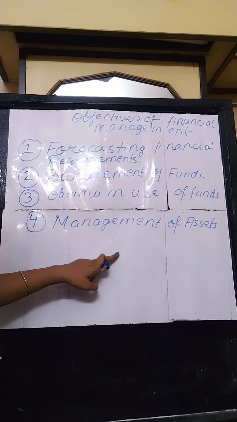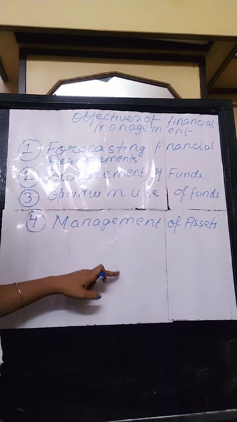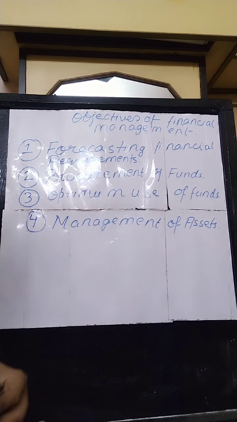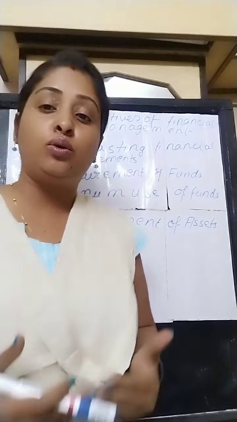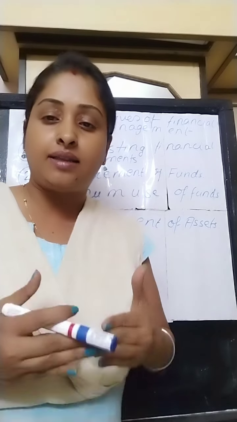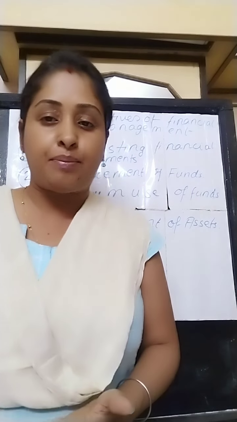Asset management has assumed an important role in financial management. Investment of funds in fixed assets is known as capital budgeting, and investment of funds in current assets is known as working capital decision. I have told you earlier in many videos that there are two types of capital, that is fixed capital investment and working capital investment.